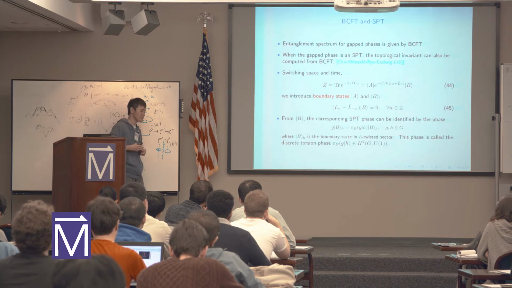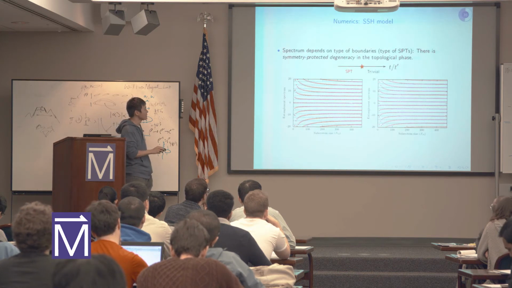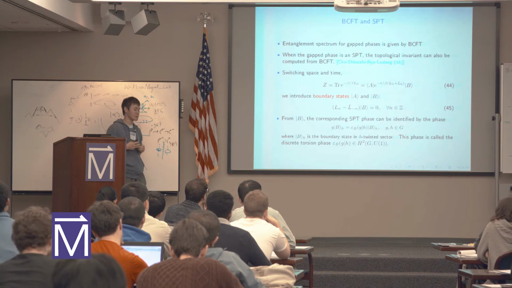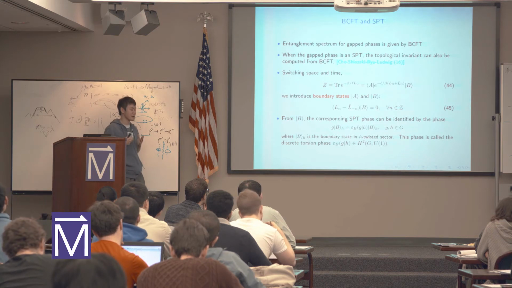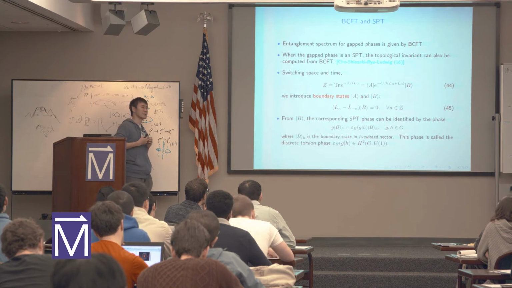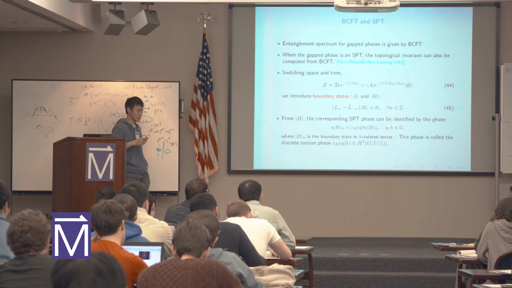So that is already kind of seen here as a degeneracy in the spectrum. But is it possible to get topological invariant of the SPT phase from the knowledge of the boundary conditions in conformal field theories?